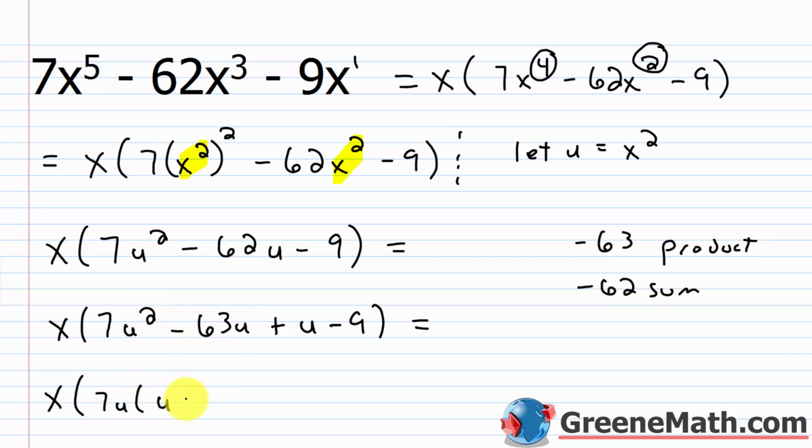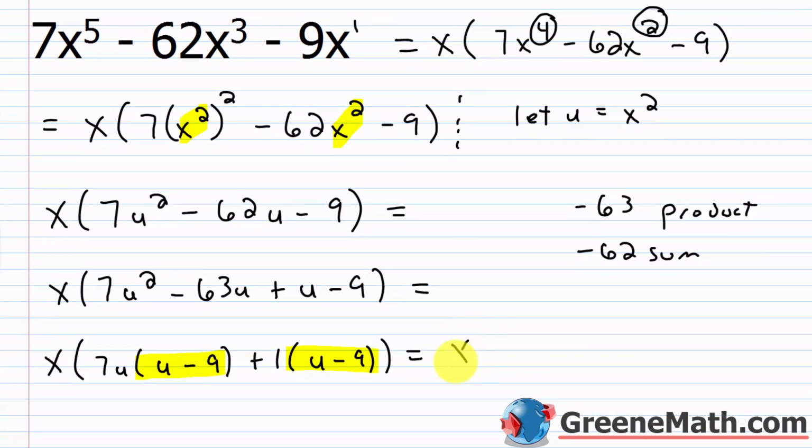That would leave me with u minus 9. From this group, I'm just going to pull out a 1, and that would leave me with u minus 9. And so I have a common binomial factor of u minus 9, so that's going to come out. So I would have x times the quantity 7u plus 1, times the quantity u minus 9.